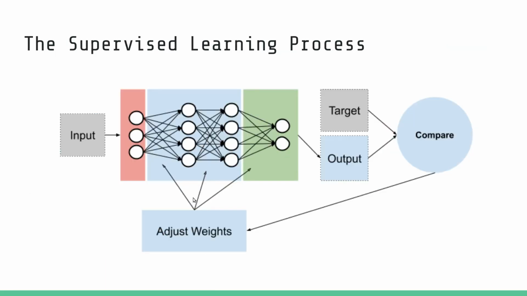The learning process which is most used is the supervised learning process. So we take inputs, we feed them into the neural network, we compute the outputs by simply doing the math. And notice that here we already have some weights between the neurons. Those weights are pre-initialized with random values most of the time.